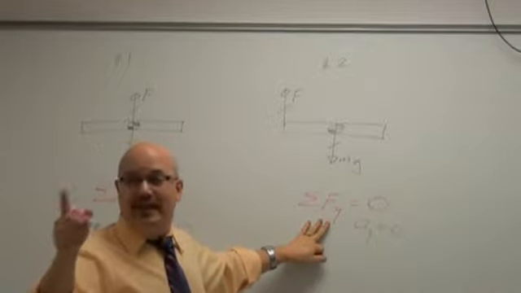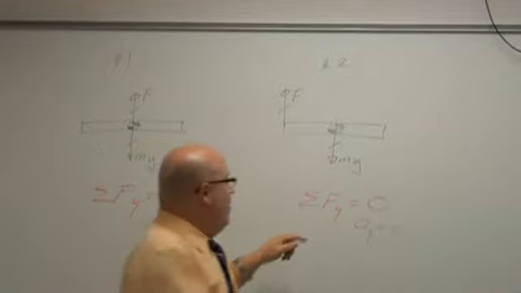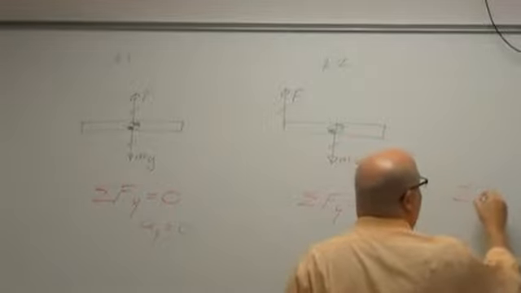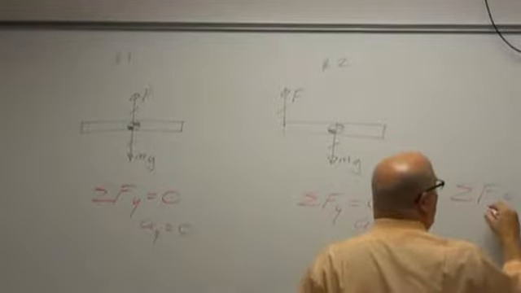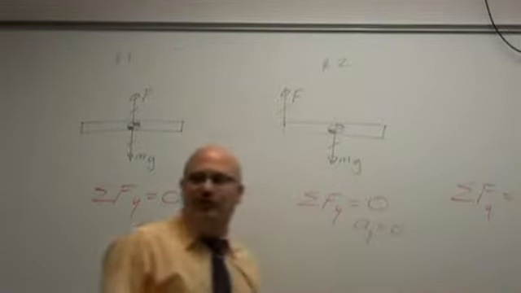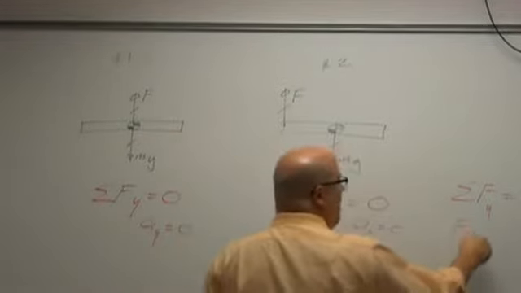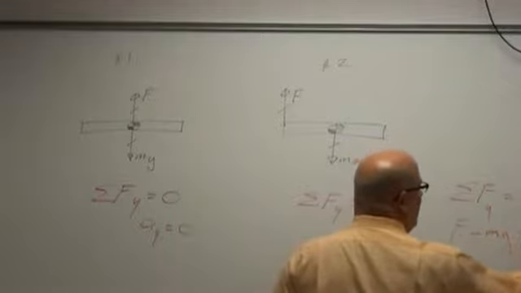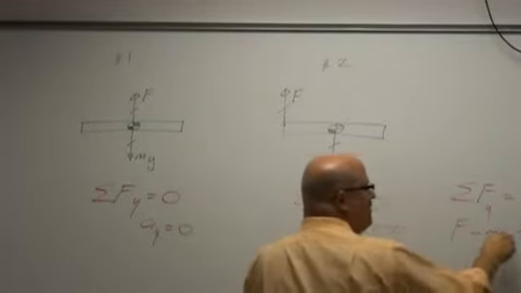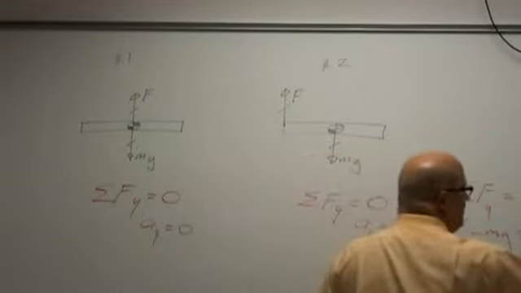That's a really good point. However, when we do this F equals ma in the y direction, how many forces in the y direction do we have? 2. I've got a force up minus an mg down equals ma in the y direction. These two are equal and opposite, so that's 0.